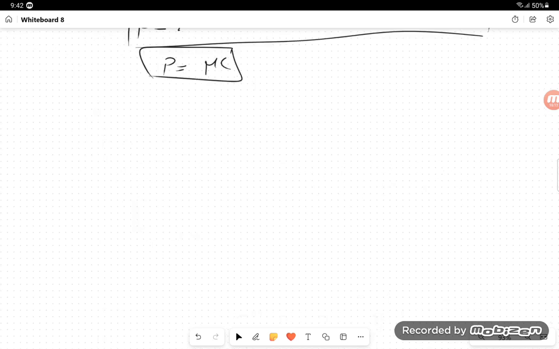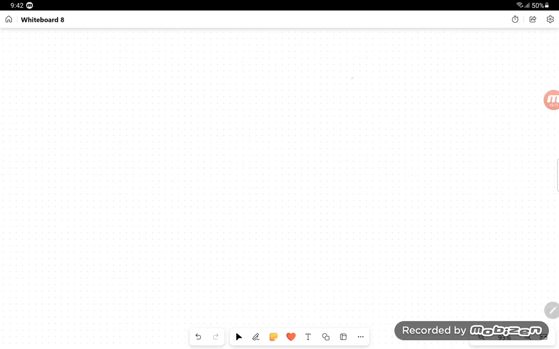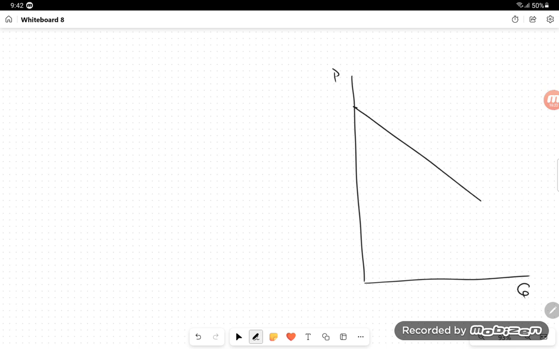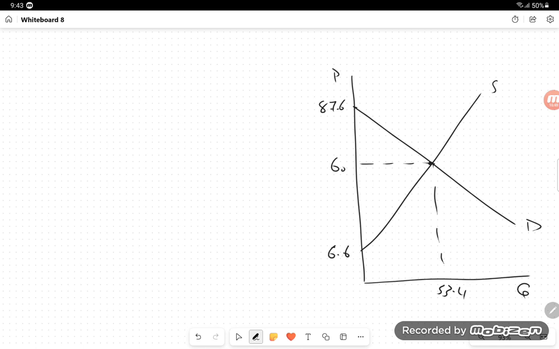So returning back to the equilibrium, okay, this is the equilibrium price and quantity graphically.